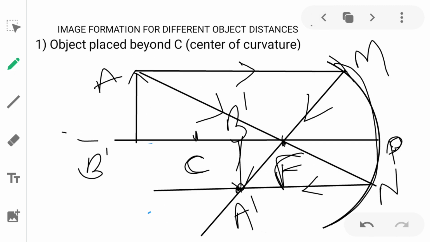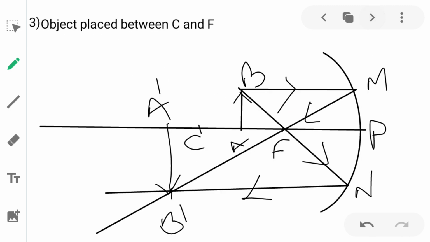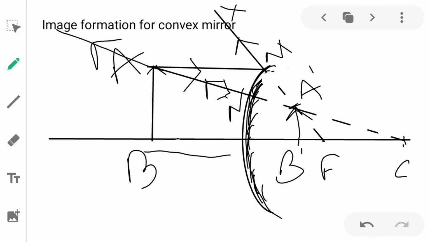Sometimes the image is diminished, sometimes the same size, sometimes magnified. It all depends upon where the object is placed. But in case of convex mirror, the image is always diminished.